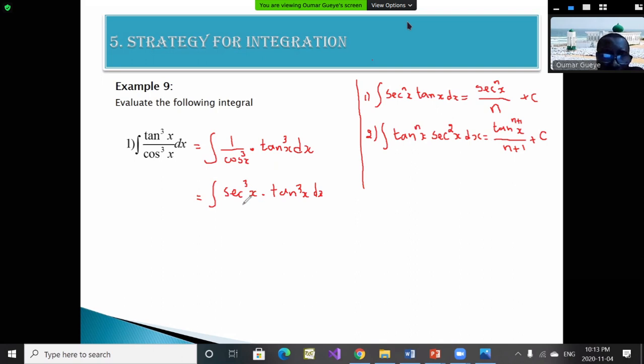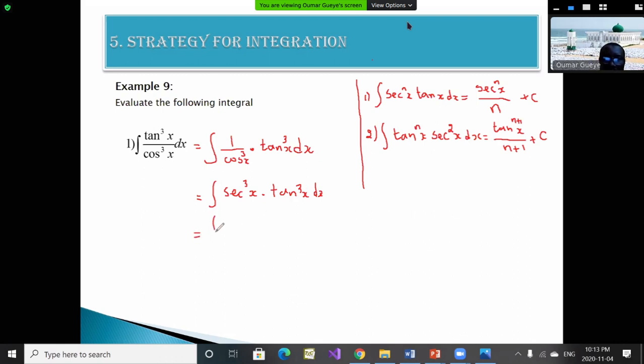Okay? So we have two ways to get this. I can just split this secant cube into secant square times secant, but if I do so, I will not get either of these two, because I'll get my secant square, but the remaining secant, I don't know exactly what to do with. That's why I'm going to split the tan.